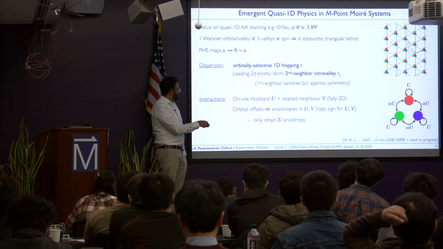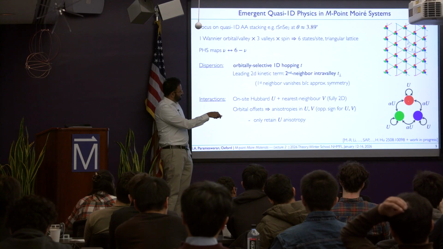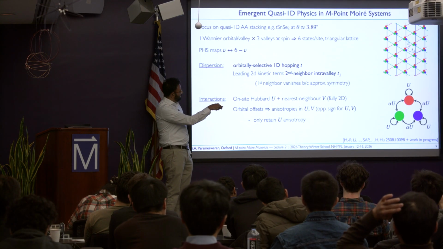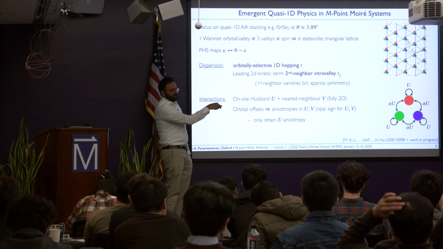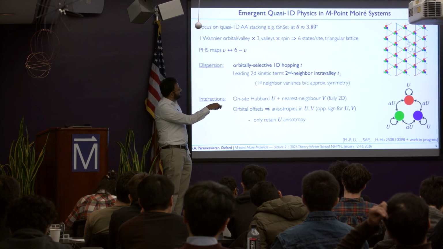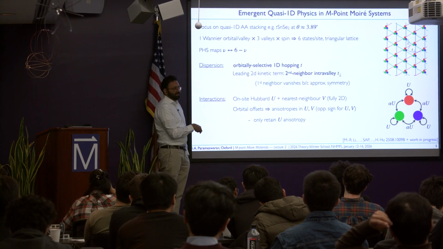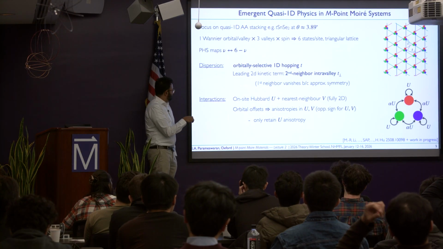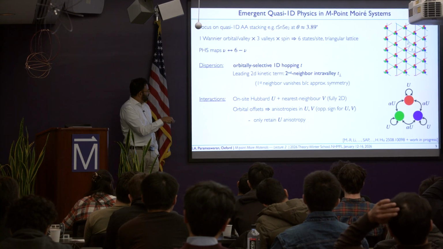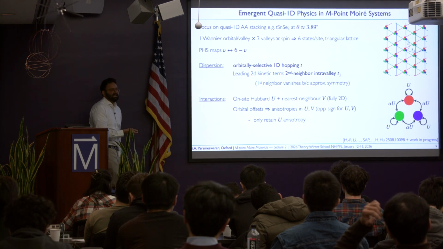There's also an anisotropy in V, and if you think about it a little bit, you'll see that if I think of this geometry and say, let's take these electrons all starting on top of each other and push them apart, then given the orientation of orbitals, the red on this side gets closer to the blue and green on the other side. So this deformation of orbital offsets means that the orbital anisotropies in U will always be opposite to that in V.